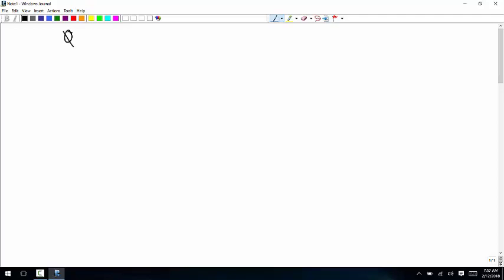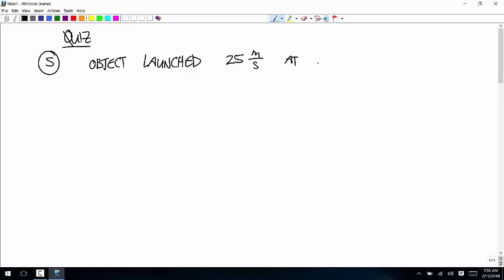So the quiz, number 5, says the object is launched at 25 meters per second at 30 degrees below horizontal.